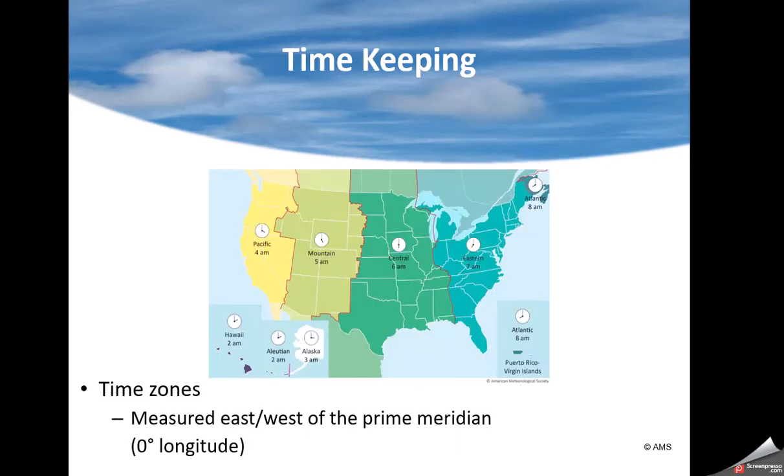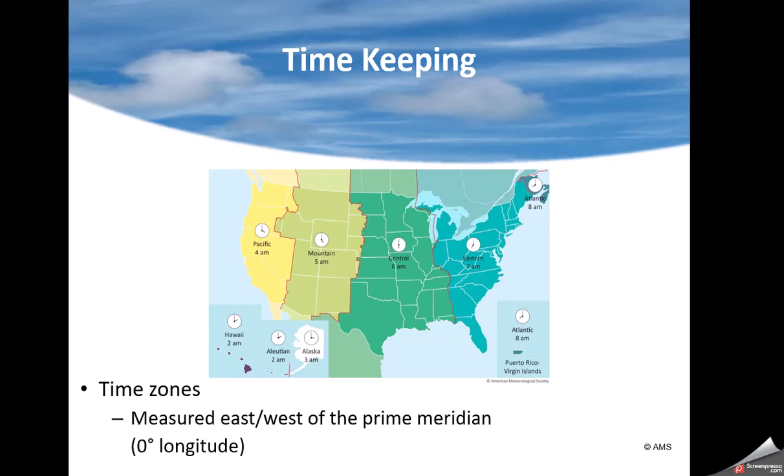One of the interesting things is that because we're looking at weather at one time, even though it's 4 a.m. in Pacific time and 7 a.m. in Eastern time, the observations are plotted on the map as if they are exactly at the same time. So knowing time zones, we can know that an observation was taken much earlier out in the Pacific Ocean, maybe, but it represents the exact same time.